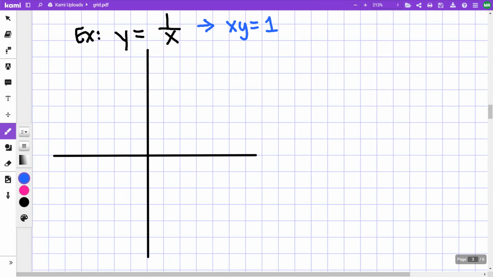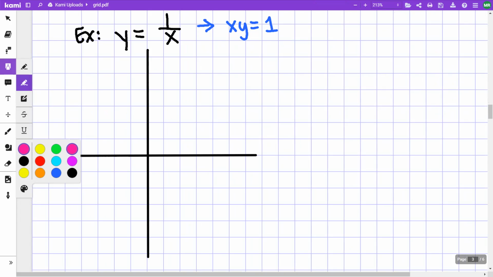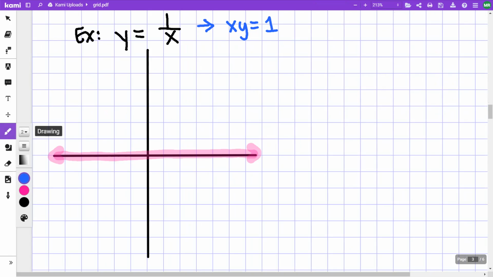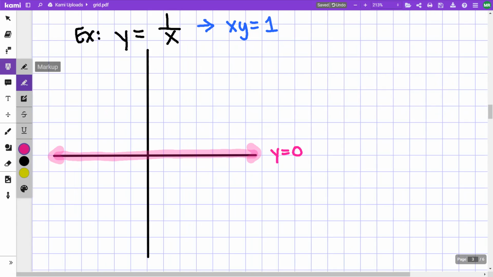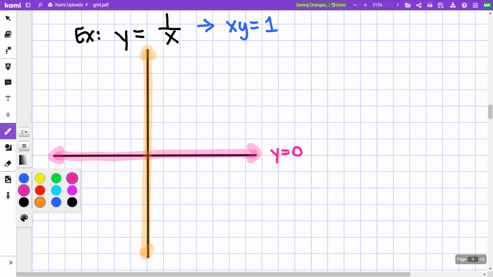Now, for this, I am going to have two asymptotes. I am going to have a horizontal one on the x-axis, which is going to be y equals 0. I am going to have a second one on the y-axis, which is going to be x equals 0.